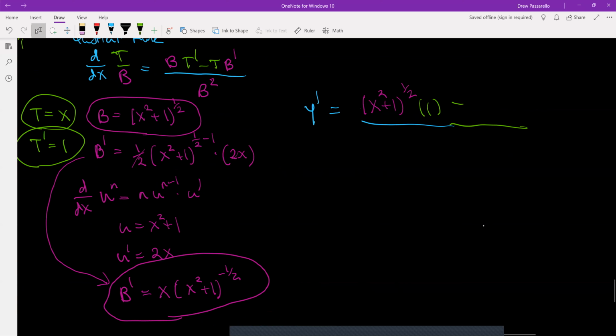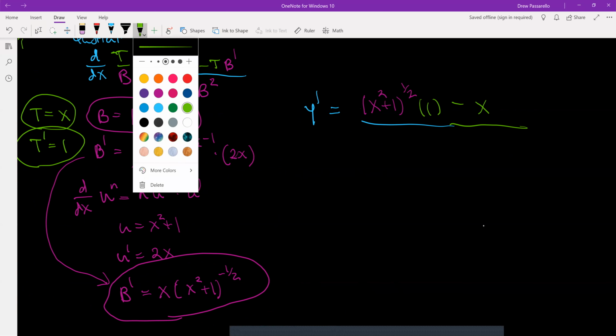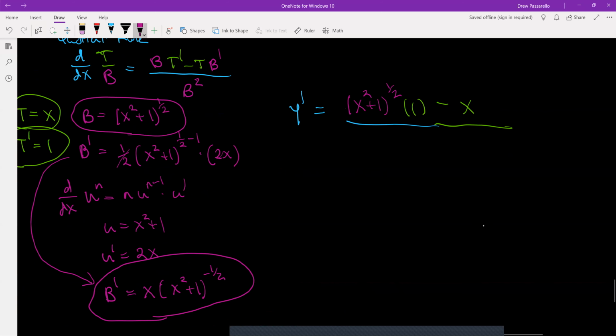The top function is x, and the bottom derivative is x times x squared plus 1 raised to the negative 1/2. All right, that's in the numerator. The denominator is the bottom function squared, so it'd be x squared plus 1 to the 1/2, and then I square that. Okay, so that's plugging everything in.